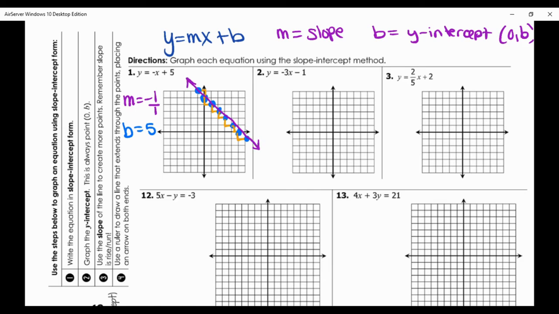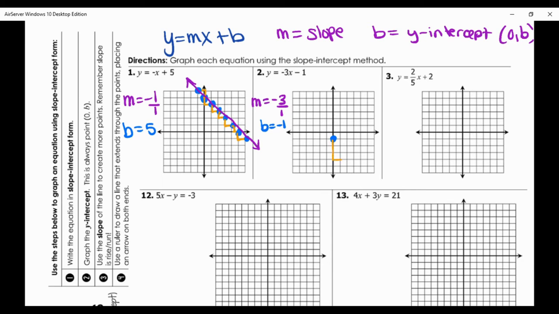Number 2, the slope is -3. So for the sake of directions, we want it -3 over 1. The y-intercept is -1. So that's where we're going to start, at -1 on the y-axis. And for the slope, we're going to move down 3 units to the right 1 unit.